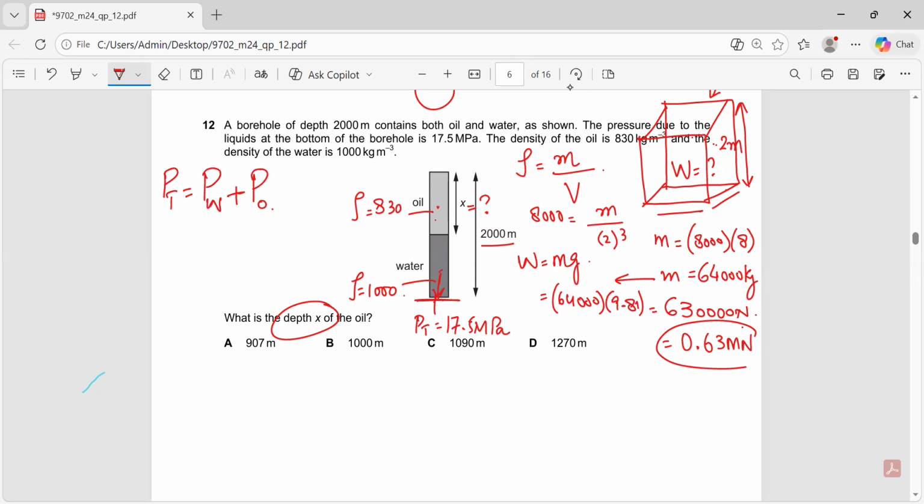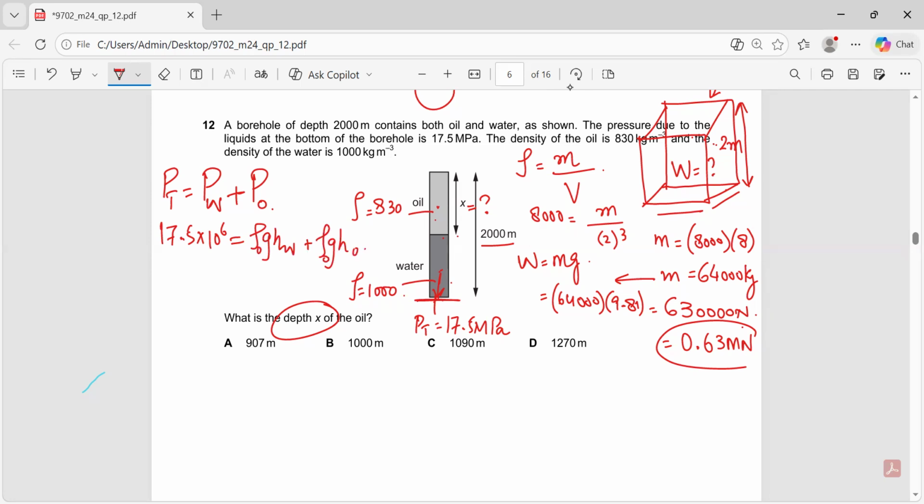Now we know these are the liquids, so how we can find them out? This will be 17.5 into 10 power 6, which equates pressure of water कितना होगा? This will be given by rho g h of water, और pressure of oil कितना होगा? This will be given by rho g h of oil.